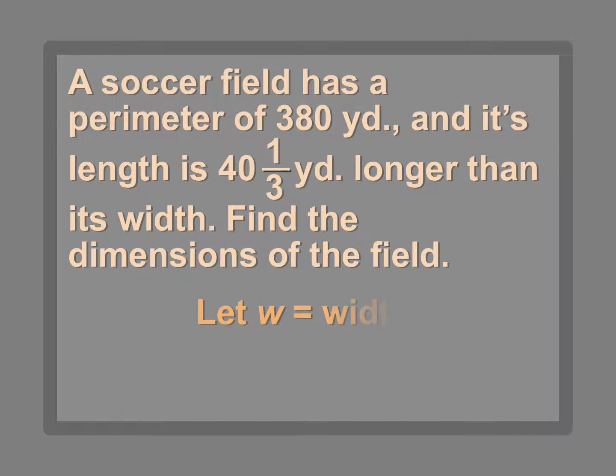So our unknown is the width, right? And our length is 40 1/3 bigger than the width. So now we have our width is equal to W, and our length is equal to W plus 40 1/3. So remember I said that perimeter is the same as 2 times the length plus 2 times the width.